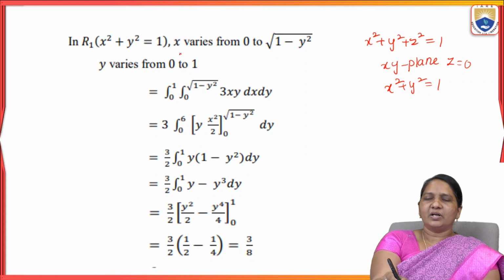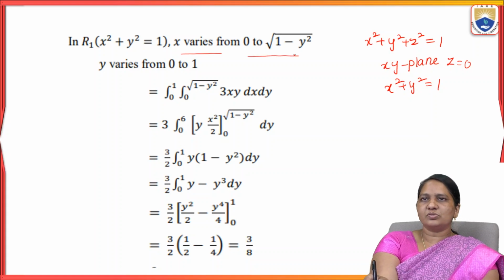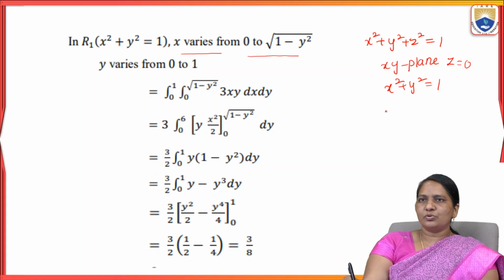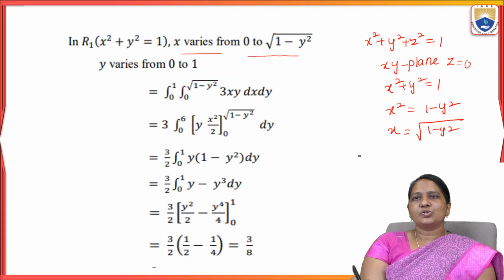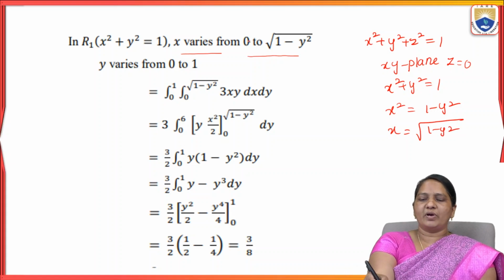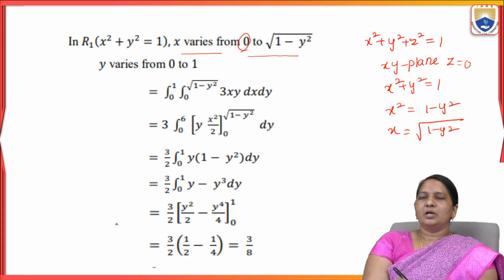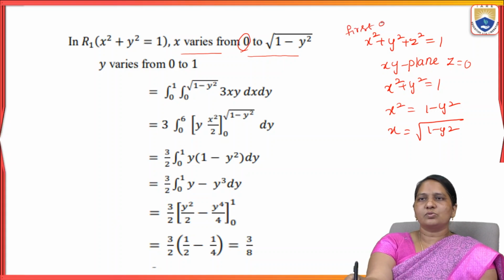Here we are taking x varies from 0 to square root of 1 minus y square. That means x square equals 1 minus y square, so x equals square root of 1 minus y square. The x limits are from 0 to that. We are taking 0 because the problem already gives the first octant, so all values are positive.